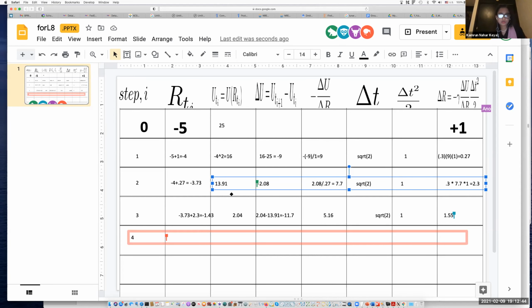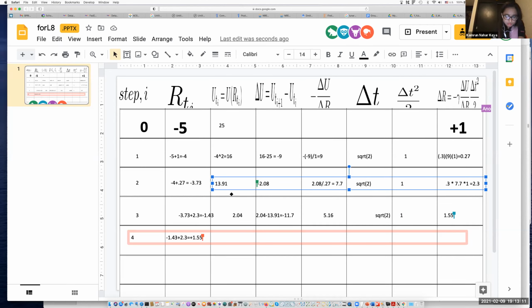So it will be minus 1.43 plus 2.3, right? Plus 1.55. Thank you. Then remove this 2.3.